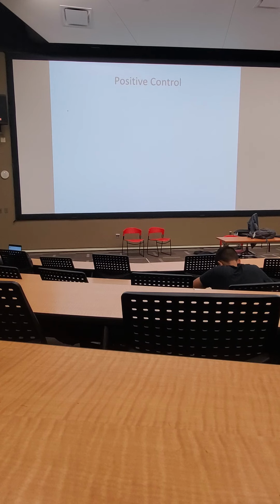So in positive control, the regulatory protein, you can call it something different to move away from the negative regulation. To use a new term, we also often call it an activator. It may or may not need a co-activator, a small molecule to facilitate activation.